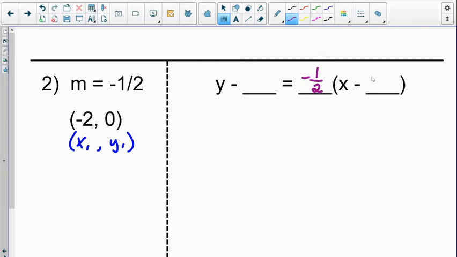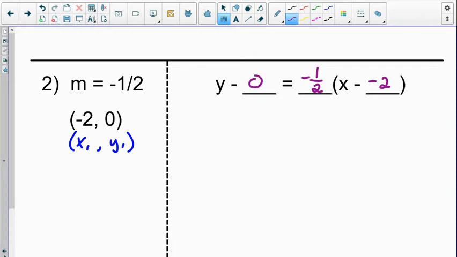So I have to place a -2 at the end, x minus -2. Then my y-coordinate was 0, and I want to make sure that goes after the y minus at the beginning of the equation. So I'm just going to put a 0 in there.